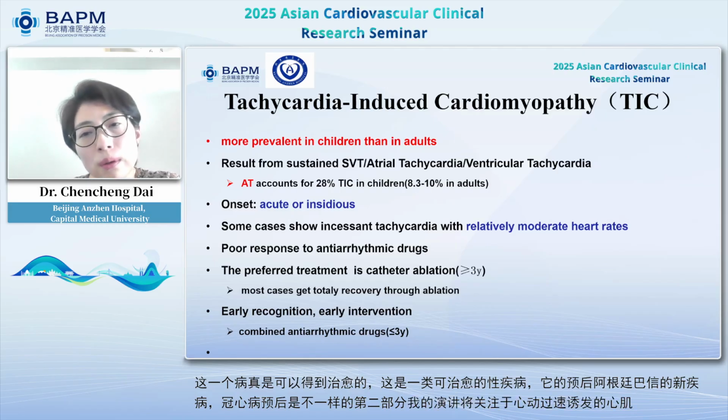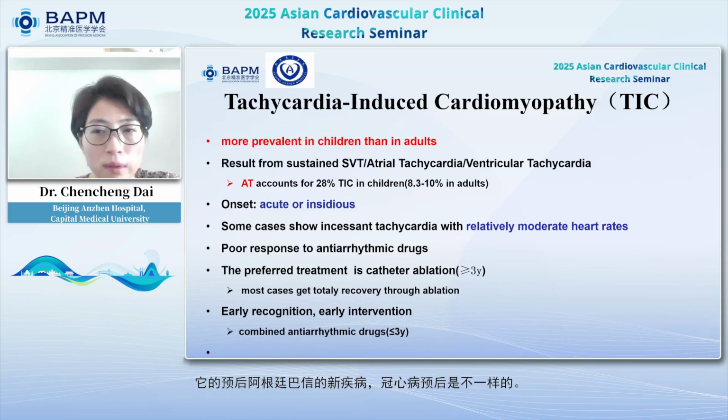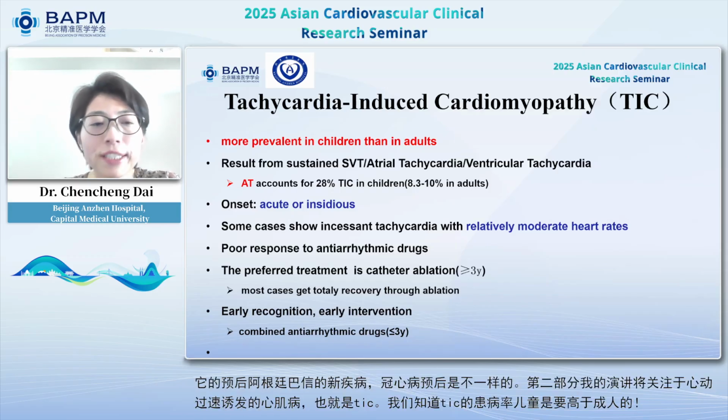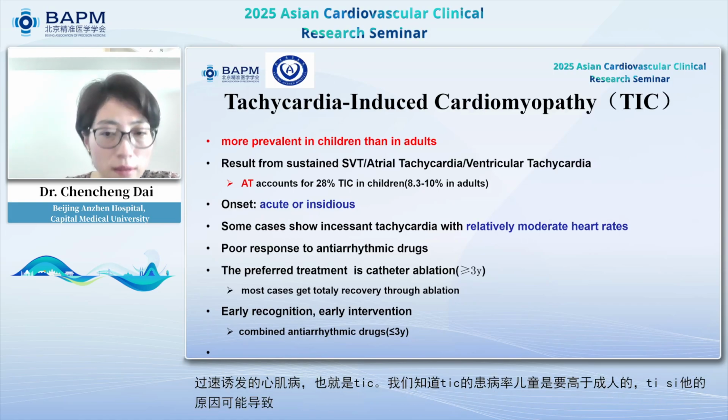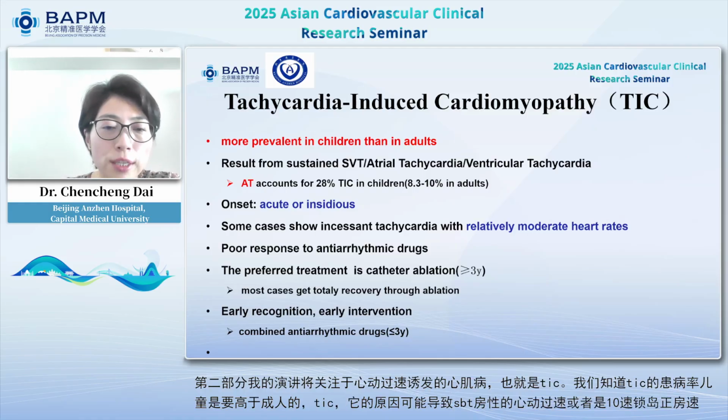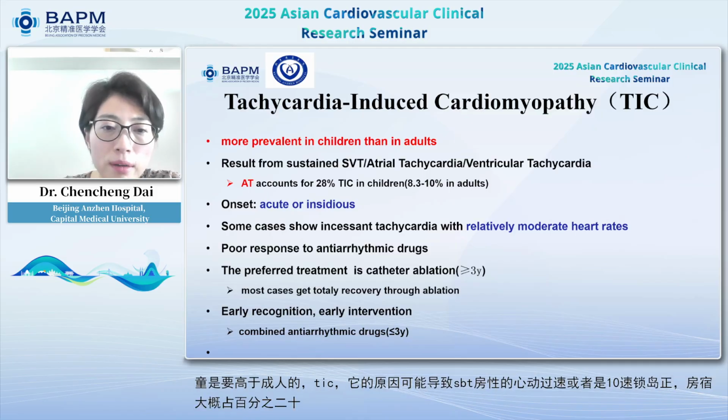We all know TIC is more prevalent in children than in adults. TIC can result from sustained SVT, AT, or VT. Among these tachycardias, AT accounts for about 28% of TIC in children. However, the number is 8 to 10% in adults. They are different.